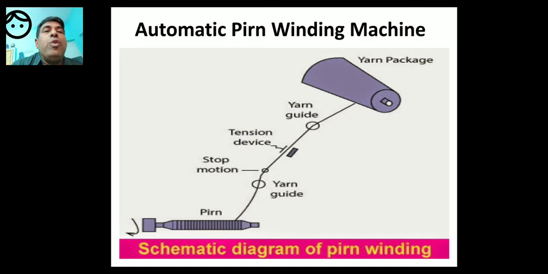So there is a full bobbin indicator. When the pern is full, then it is automatically ejected from its place and a new bobbin is inserted into it, and this is the automatic pern changing mechanism. This mechanism is known as automatic pern changing mechanism, not winding, pern changing mechanism.